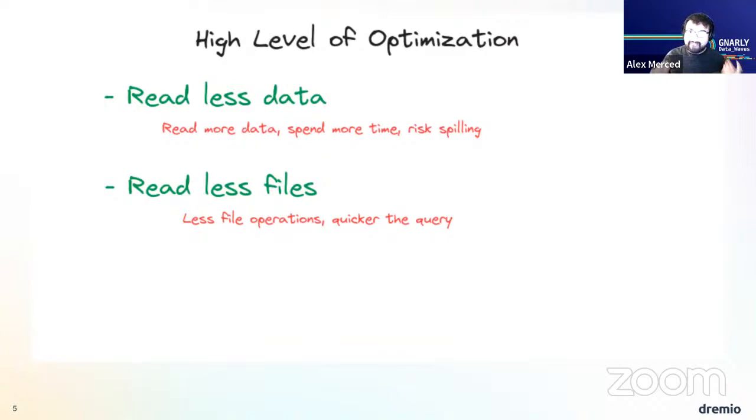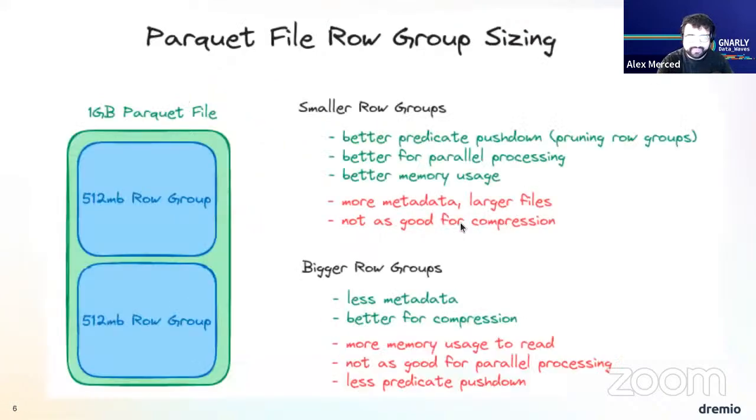You're going to have fewer file operations where you have to reopen a file, read a file, then close the file when you're done reading it. The more we reduce all these extra operations, the faster the query is going to be because the actual job has to do less. That's always the goal: how can we make this job do less to get to the same result? You're going to find that it's a lot faster, and it's also going to cost you a lot less in compute and storage and network costs.